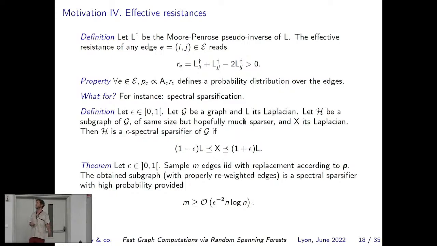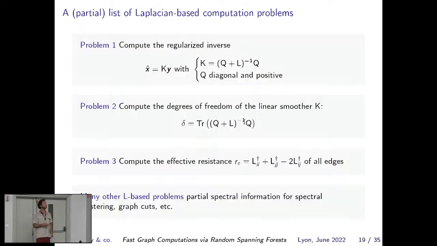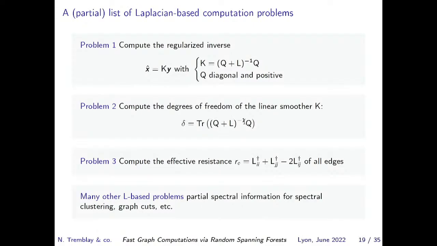It has at least one eigenvalue equal to 0, so we use the Moore-Penrose here. So this is another motivation of my work: to actually have access to this theorem in practice, because when I say in practice, I don't want to compute the Moore-Penrose pseudo-inverse. So this is a partial list of different problems that are based on the Laplacian.